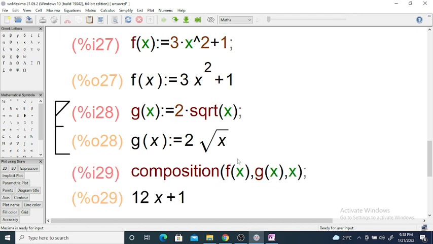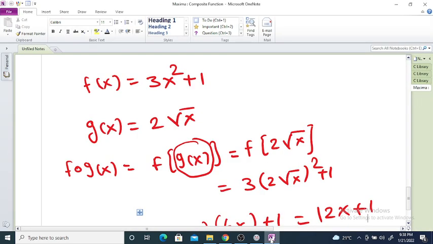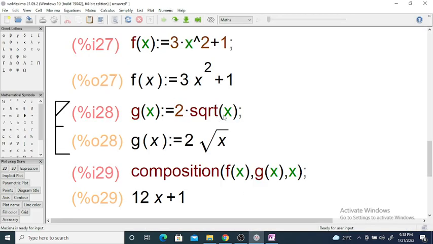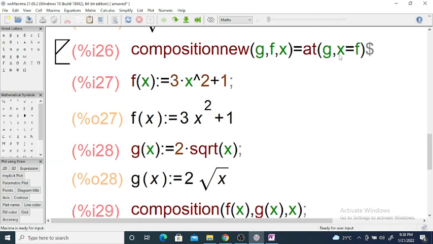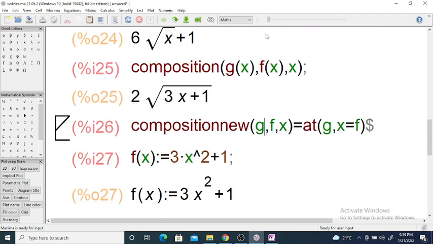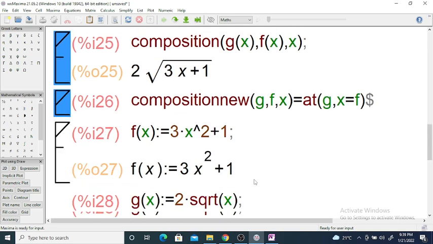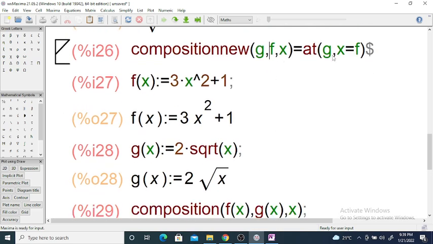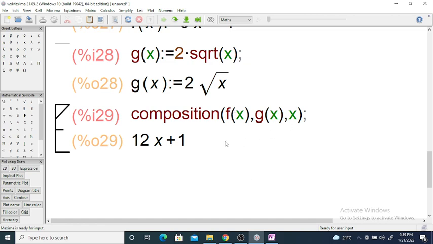So if you enter, we will get 12x plus 1. So we can check here, it is 12x plus 1. So here, in place of g, f of x, we are assigning f of x to g, and g of x to f. So it is f of g of x.